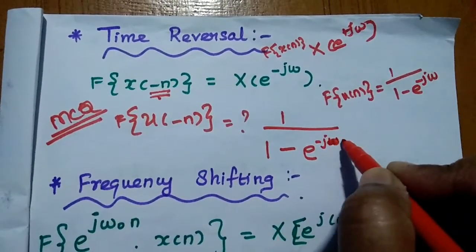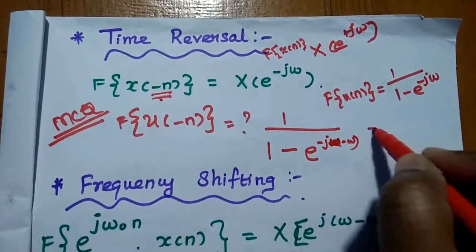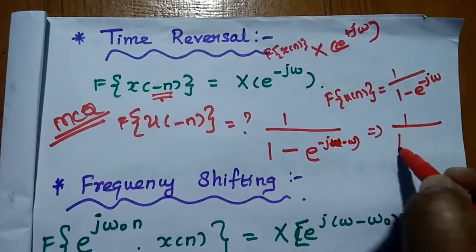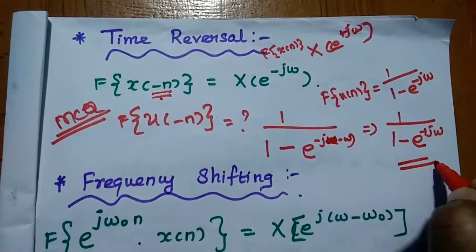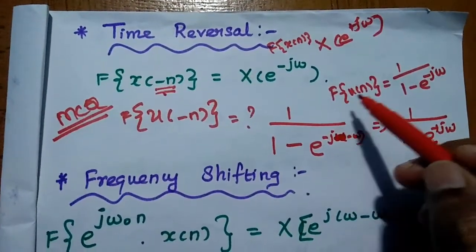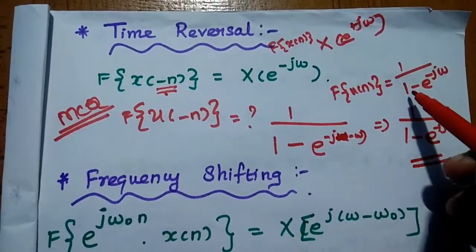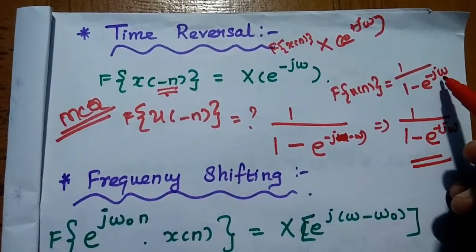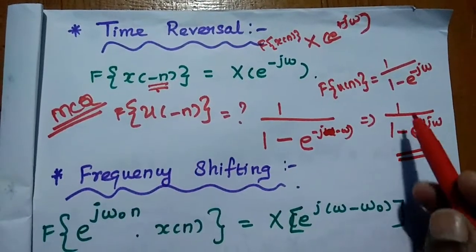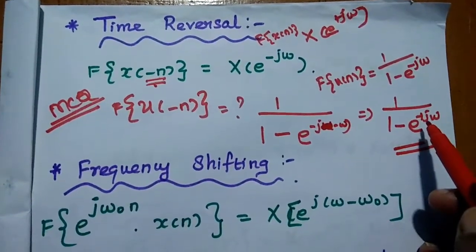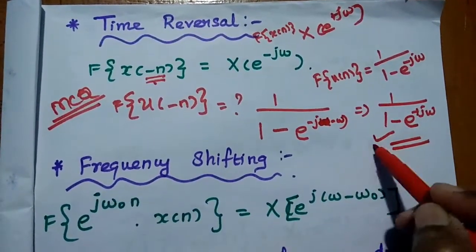Here it is minus omega. So the value is 1 divided by 1 minus e power plus j omega. So this is the answer. For Fourier transform of u of n, it is 1 divided by 1 minus e power minus j omega. For the time reversed signal u of minus n, its value is 1 divided by 1 minus e power plus j omega. This is the answer.